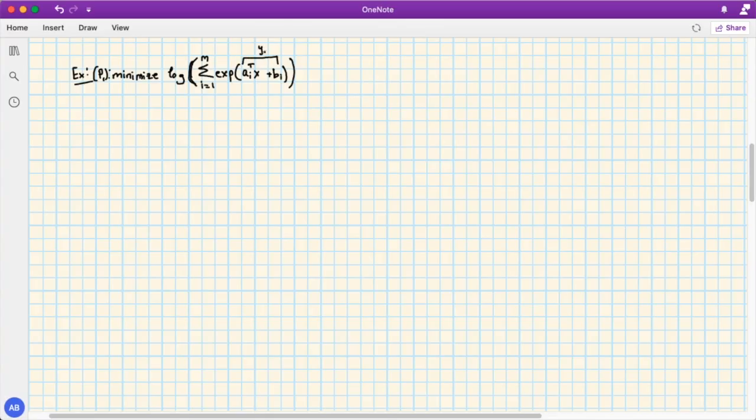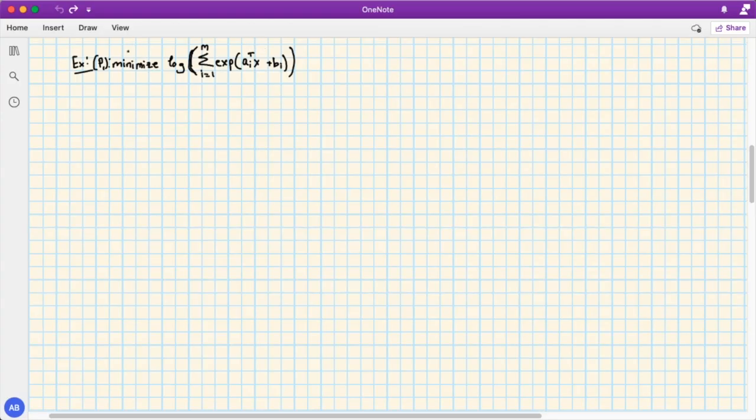I'm not going to write this YI on top over here because you might think this is associated with P1, but no, it's associated with P2.